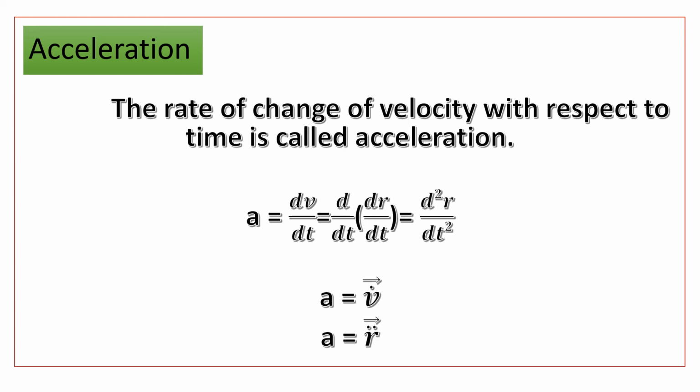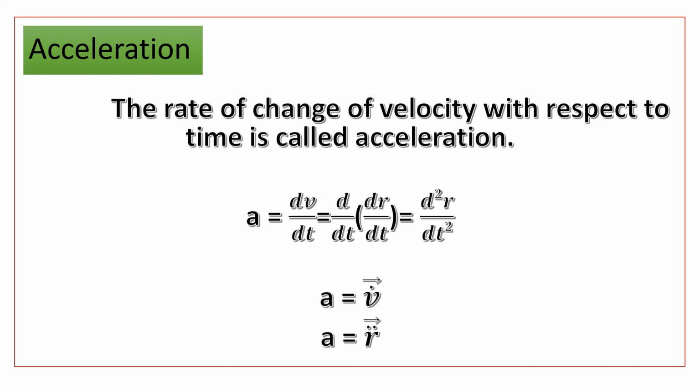In a similar way, the rate of change of velocity with respect to time is called acceleration. Here I can represent acceleration with the sign a, and the differential form will be dv over dt. If I put in the value of velocity, which I have written before as dr over dt, then it becomes d square r over dt square in the position vector form.